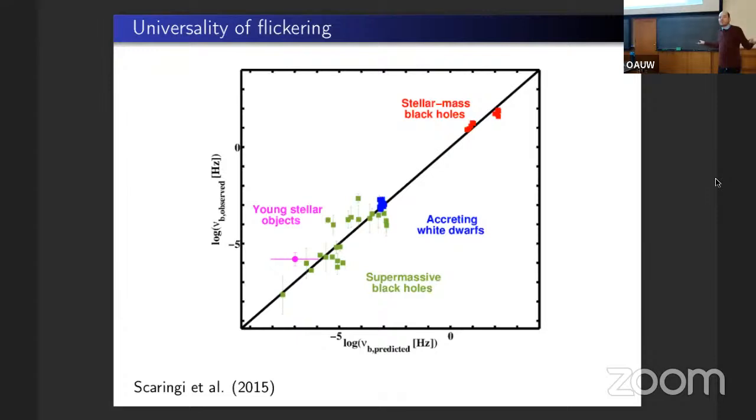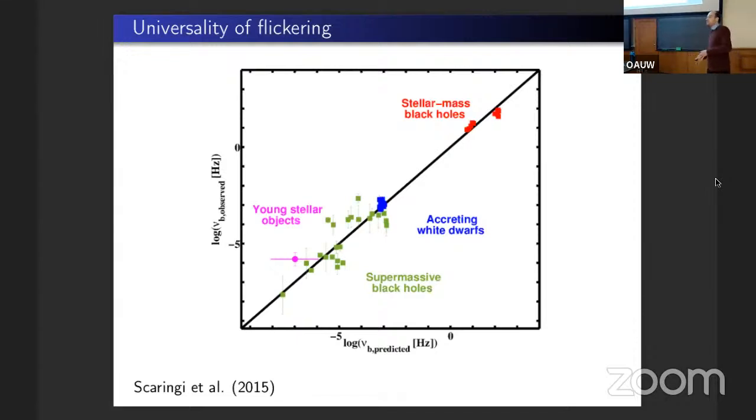We take the system and just assume that the break frequency is a linear function of the mass of the accreting object, the mass accretion rate, and the radius of the accreting object. And when we fit the coefficients to all the data, we see that the same coefficients fit every object that we study, from young stellar objects through cataclysmic variables, through X-ray binaries, to AGNs.